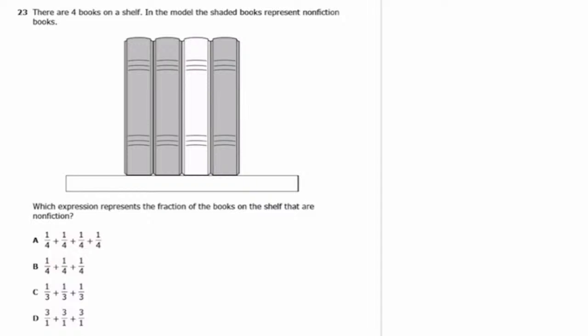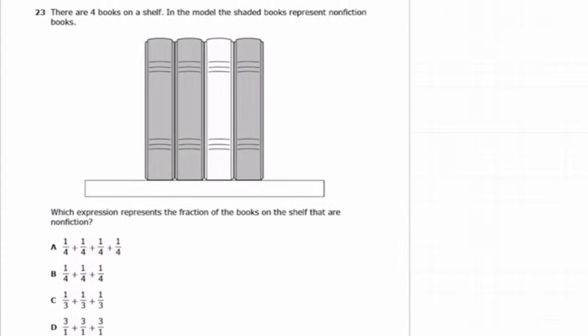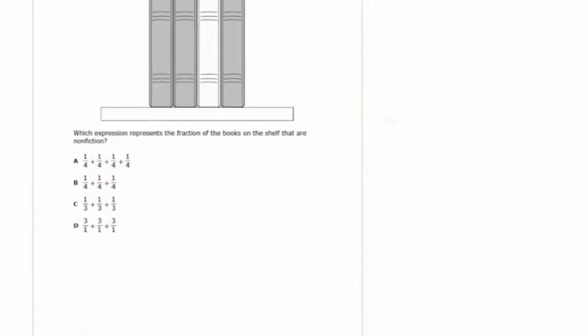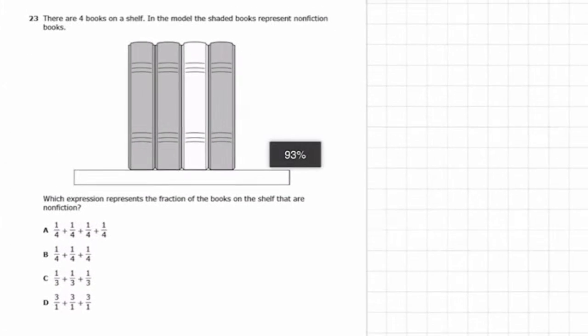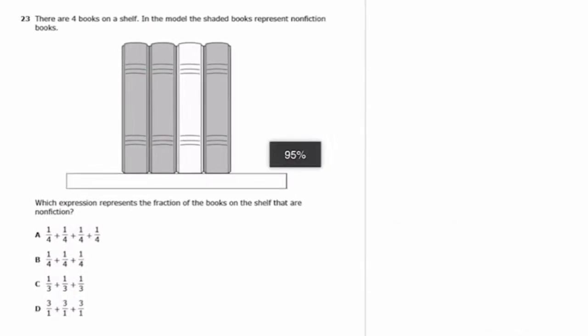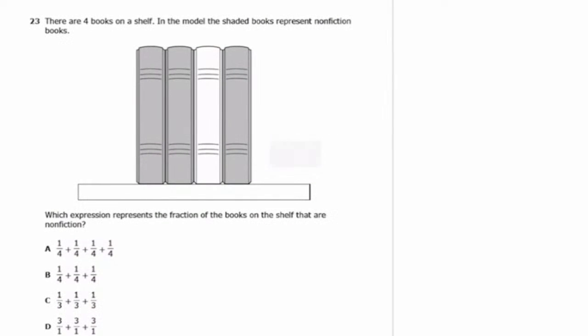As usual, let's first make sure to highlight anything important from the problem. Important parts to remember are that there are 4 books on the shelf, and shaded books represent nonfiction books.